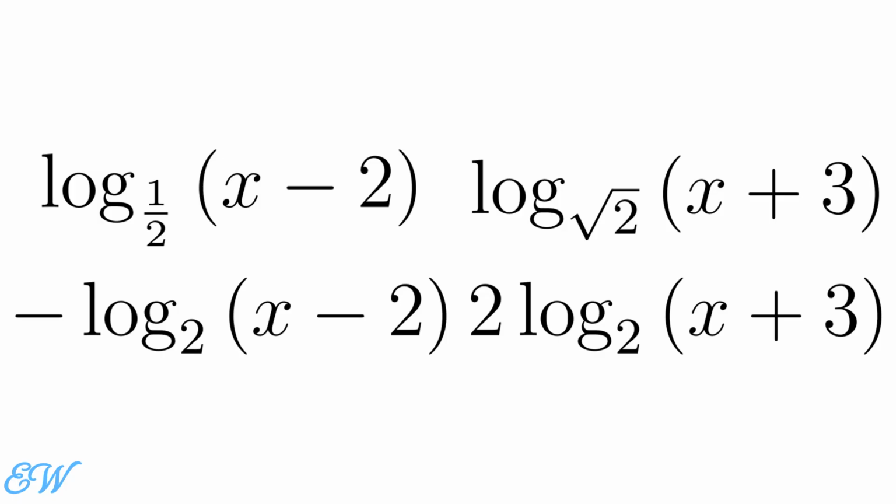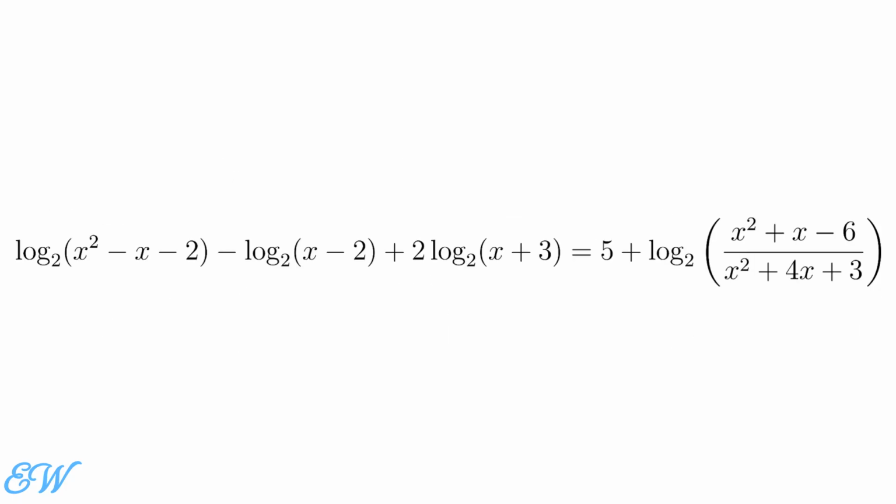Next, we can look at log base square root of 2 of x plus 3. Square root of 2 is just 2 to the power 1/2. So we can use our same formula and get that it is equal to 2 times log base 2 of x plus 3. What is nice about all of this is that now all of our terms are in log base 2 form, which is going to make it really easy to simplify and find our answer.